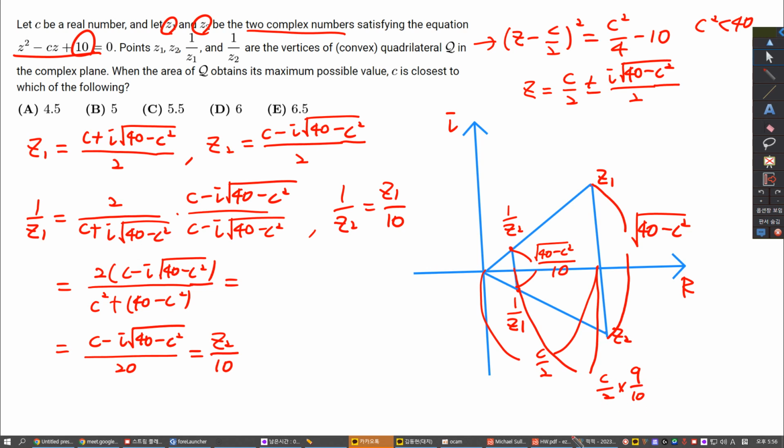So we can use the formula to find the area of this trapezoid. Let's say the area is f of c. When you add these two bases, times the height, divided by 2 is the area of the trapezoid.